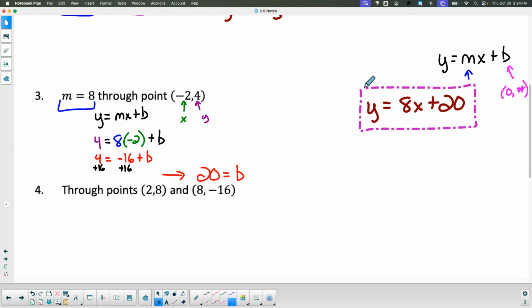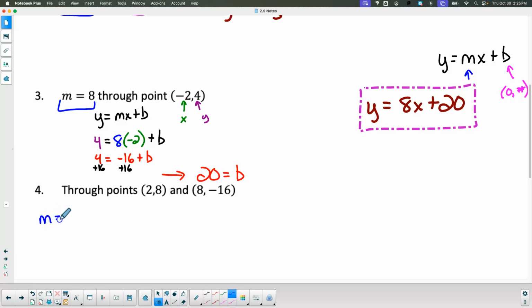Yep. Does the order matter? No. If you go the first minus second, you'll get the same answer as if you went second minus first. So the order doesn't matter as long as you're consistent with your x's and your y's. Okay?